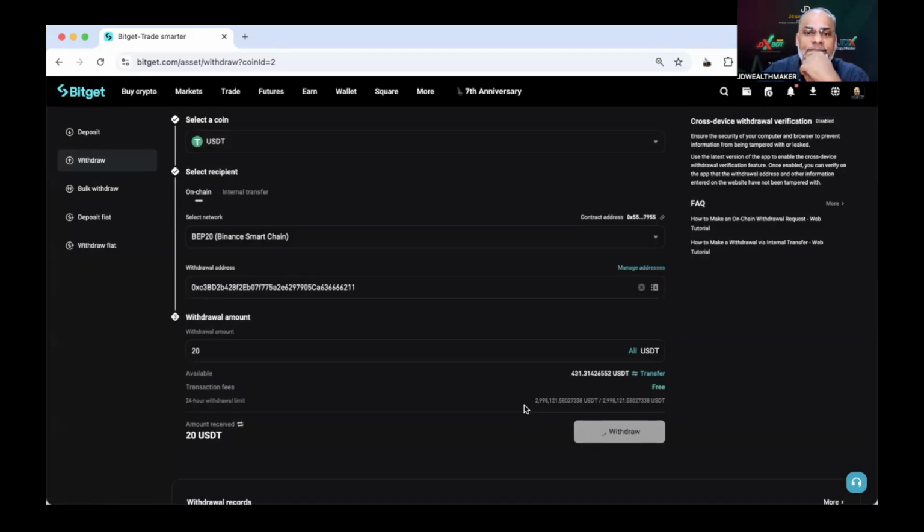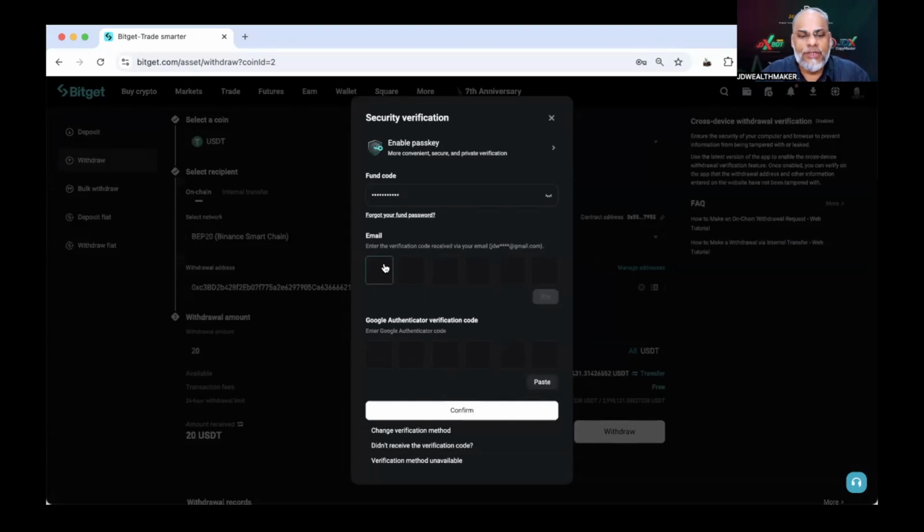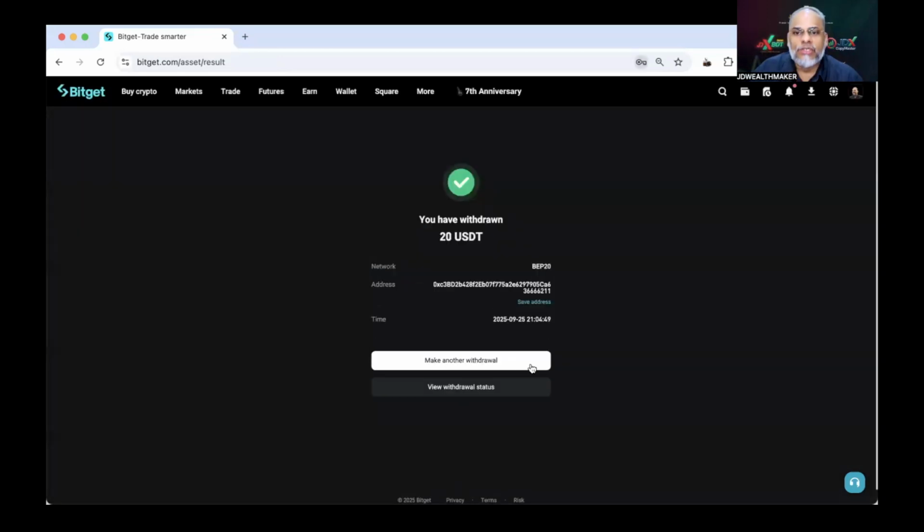Confirm that, and make sure you put in your fund code, then check your email, and key in your Google Authenticator. I'm doing this live so that you have all the detailed steps. You confirm, and that is it.